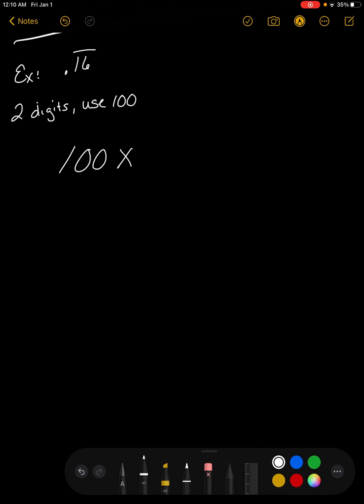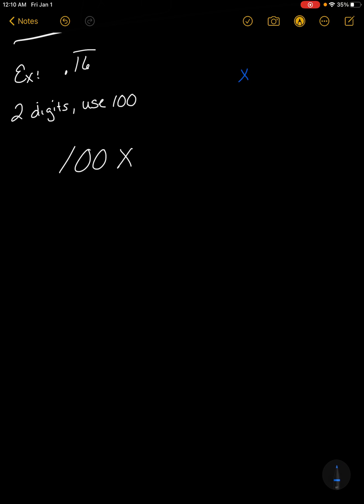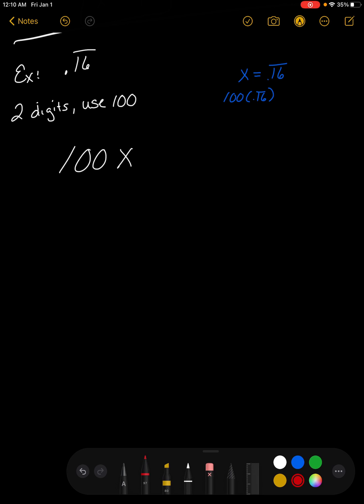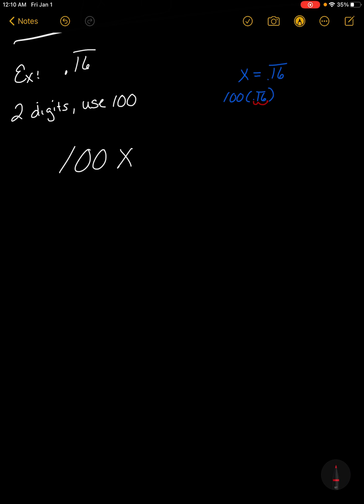It's always this way. Now, this is the important part. You actually need to take 100 times your x, but remember your x is 0.161616. So you're actually going to take 100 times this 0.16 repeating. Now what happens is that you're taking it times 100. That actually just moves the decimal 2 times to the right.